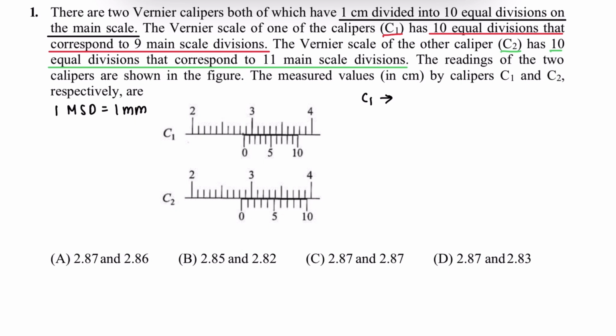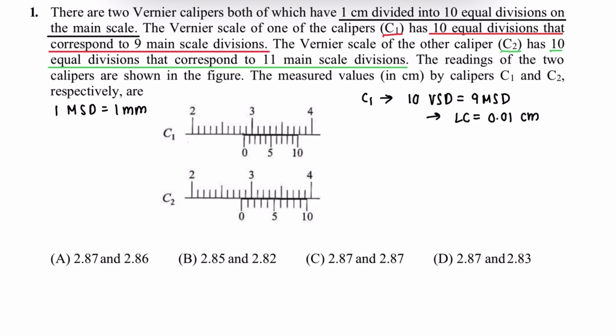And in C1, they said that 10 equal divisions correspond to 9 main scale divisions. So that means 10 vernier scale divisions is equal to 9 main scale divisions. And then this is our usual case, so we'll get the least count as 0.01 centimeters.